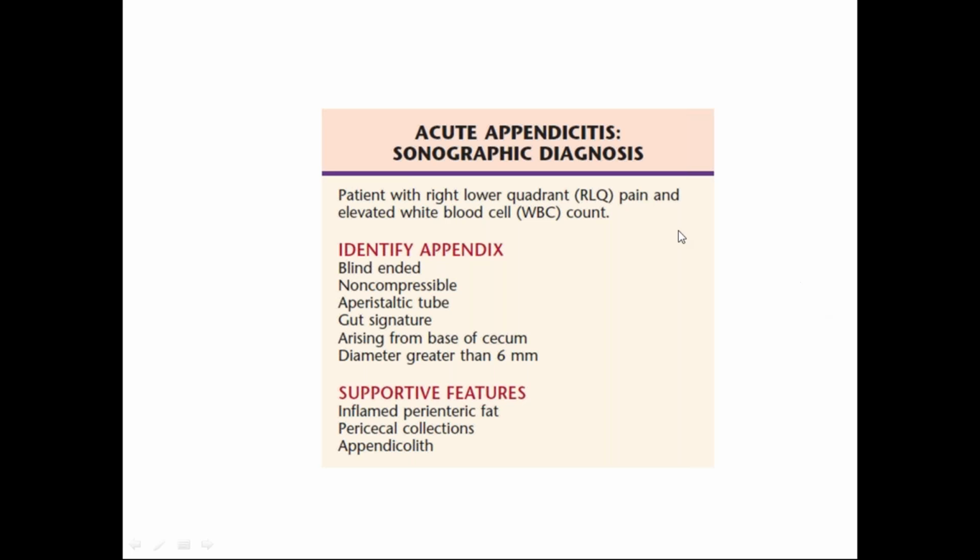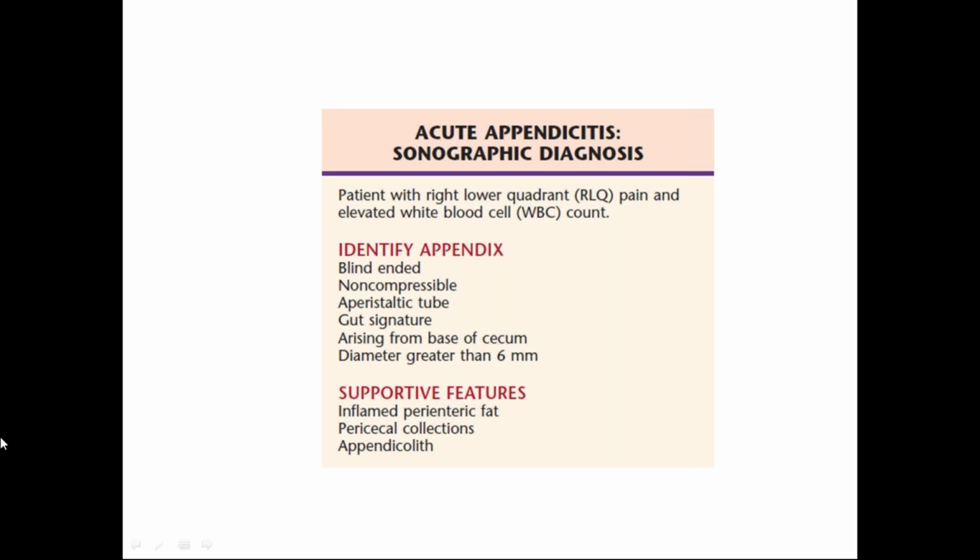First we should identify the appendix, which will be blind ended, and it will not be continuing when we try to project the appendix. If it is continuing, it is usually one of the small bowel loops. The appendix is blind ended and should not be compressible. That is, when we apply pressure with our ultrasound probe, it should not collapse, and we should not visualize any peristalsis within the tube.